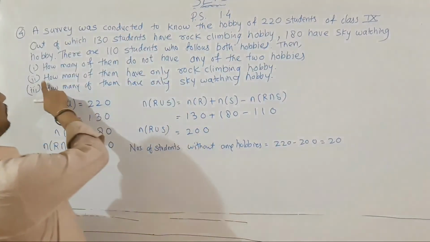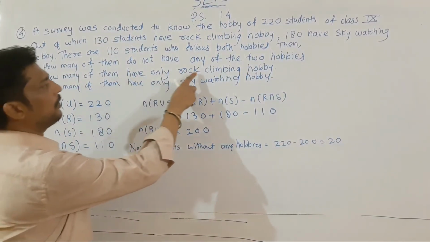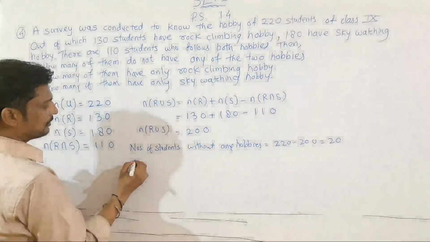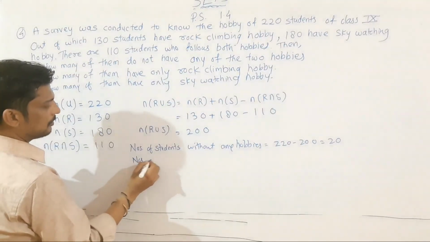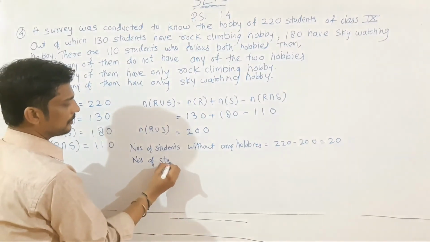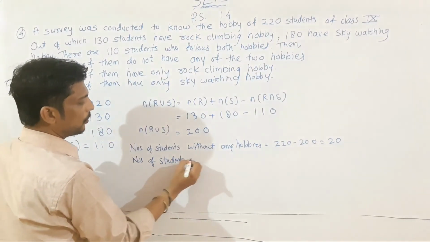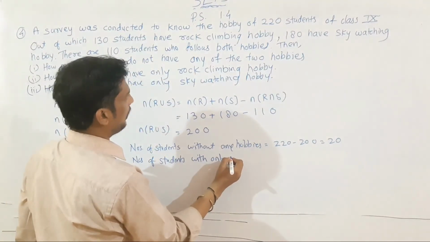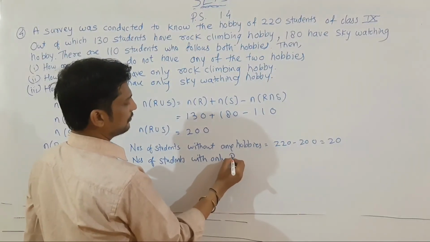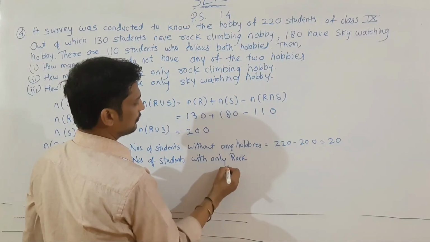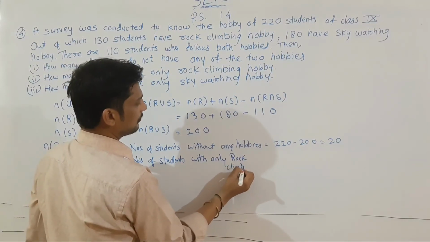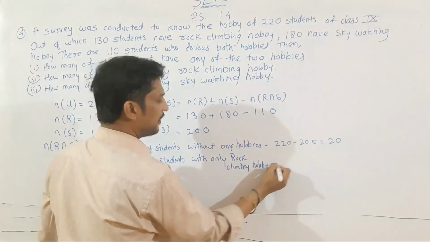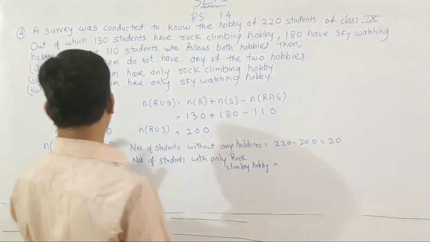Now the second question, how many of them have only rock climbing hobby? So for only rock climbing hobbies, students with only rock climbing hobby is equal to, what I will do?